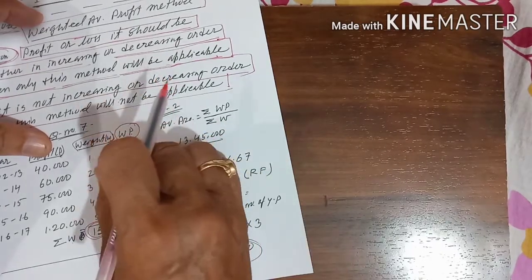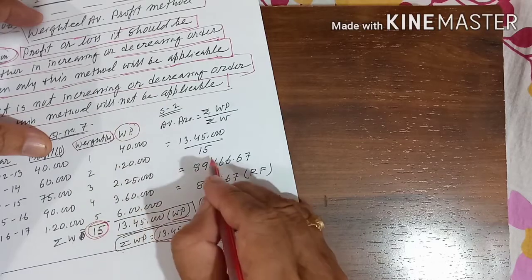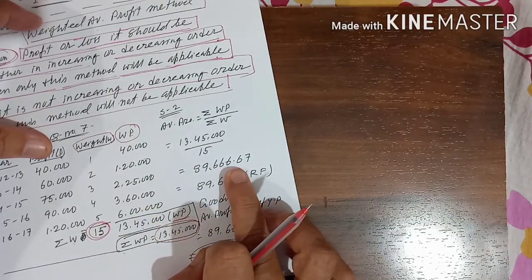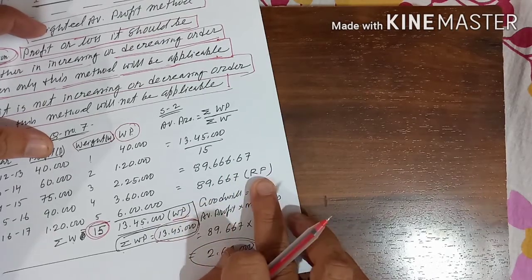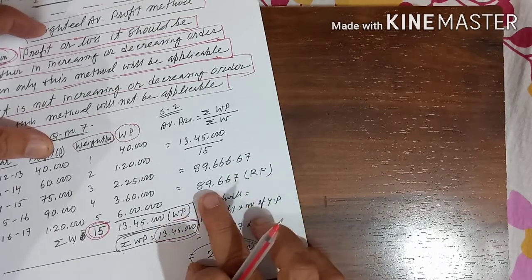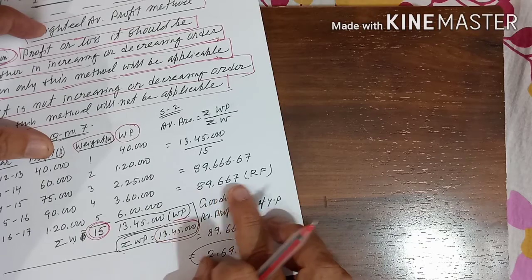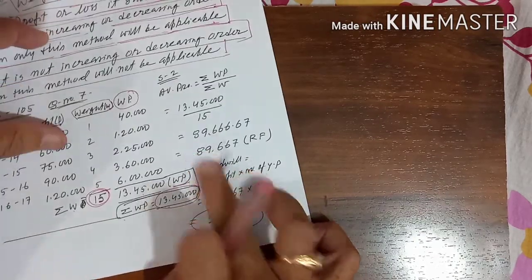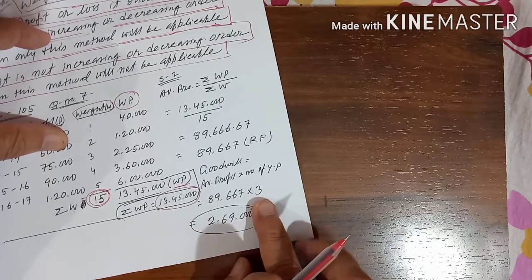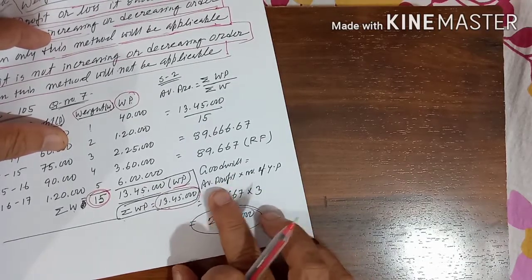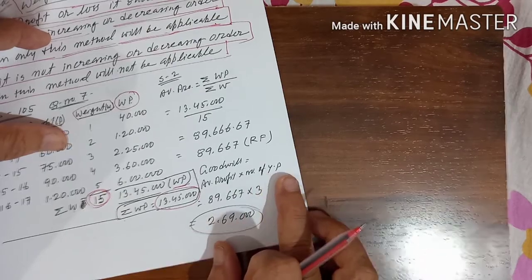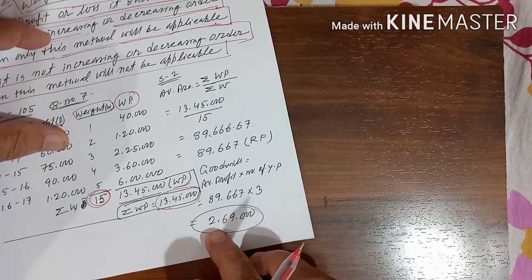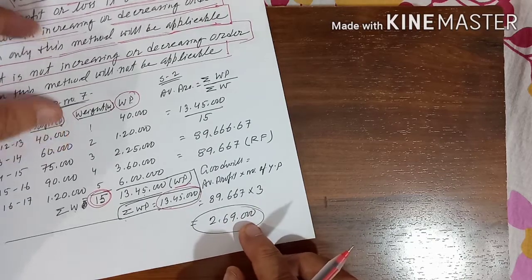That is 1 plus 2 plus 3 plus 4 plus 5 is equal to 15, which is coming 89,666.67, in round figure, RF, 89,667. So goodwill will be average profit into number of years' purchase, and the number of years given is 3. So 89,667 into 3, which comes to 2,69,000.